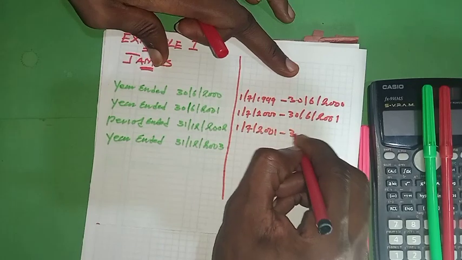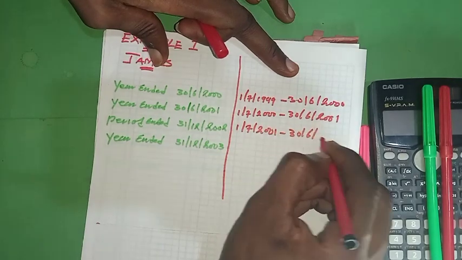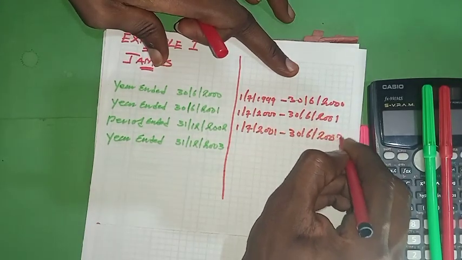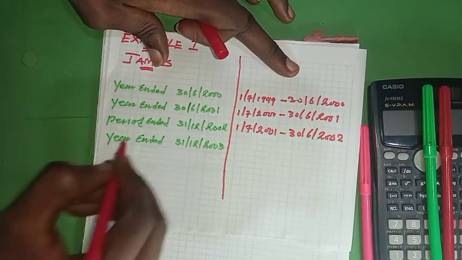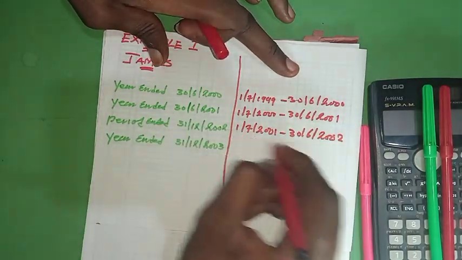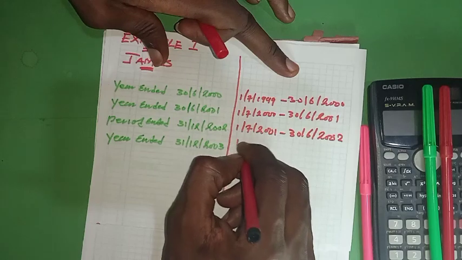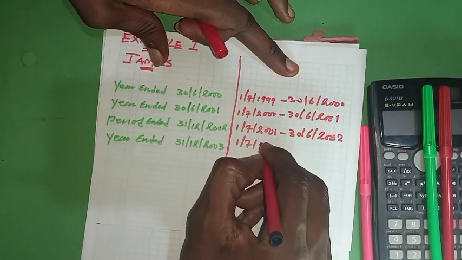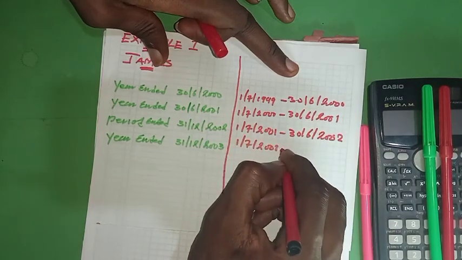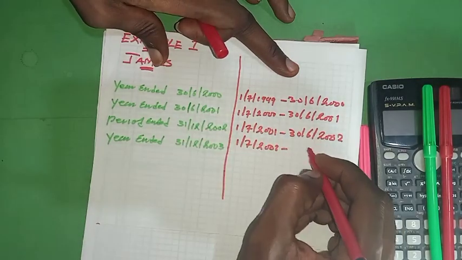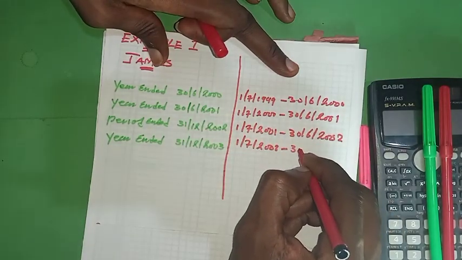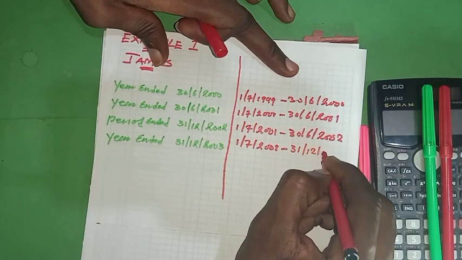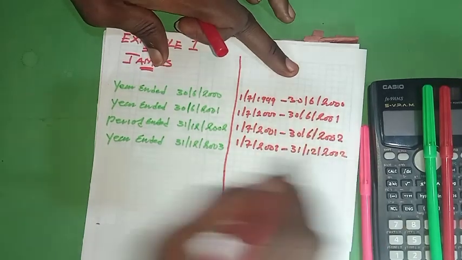Reaching the third day, instead of them to prepare this same account, 2001 to 36, 2002, they instead prepared an account that ends 1st 7 2002 to 31st 12 2002.